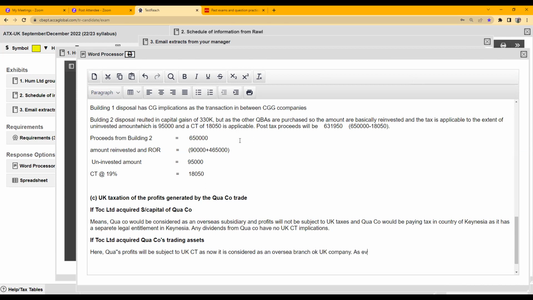As evident, no tax treaty is there. Hence, profits are taxed twice, in Kinesia as well as in the UK, but at the same time, double tax relief would be available.